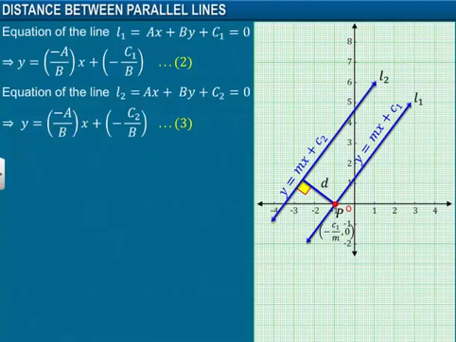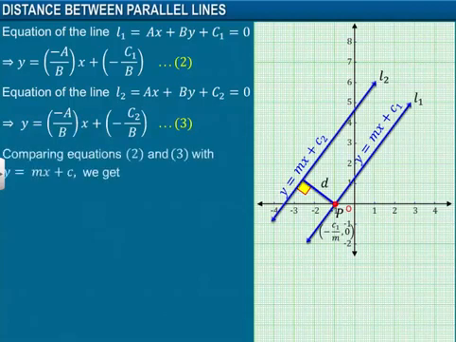Comparing equations 2 and 3 with the slope-intercept form of the equation of a line, we get the slope of the parallel lines L1 and L2 as -a/b, and the values of the y-intercepts of lines L1 and L2 as shown.